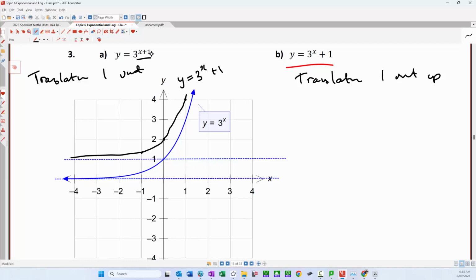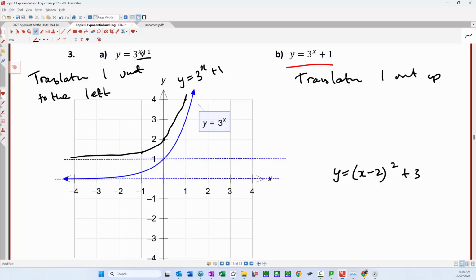I bet many of you think this moves 1 unit to the right, but it actually moves 1 unit to the left. And the reason for that is sort of the same reason for a parabola. This is not the best reasoning here, but if I said to you, I've got this parabola that I want to draw, you'll recall that that moves the parabola 2 units to the right and 3 units up.